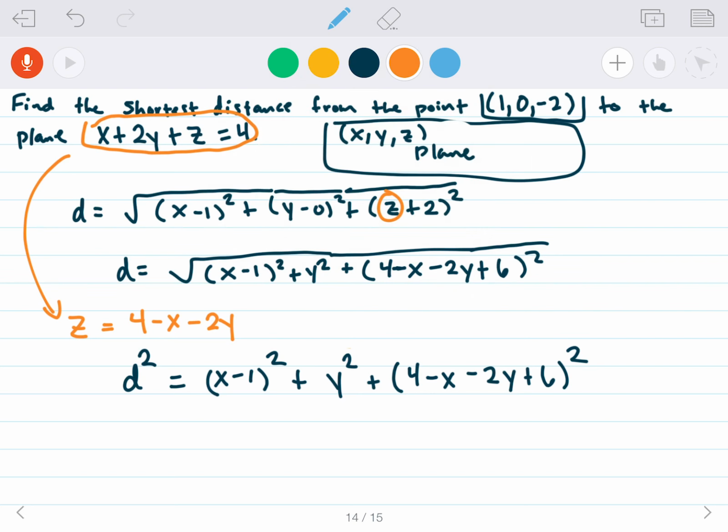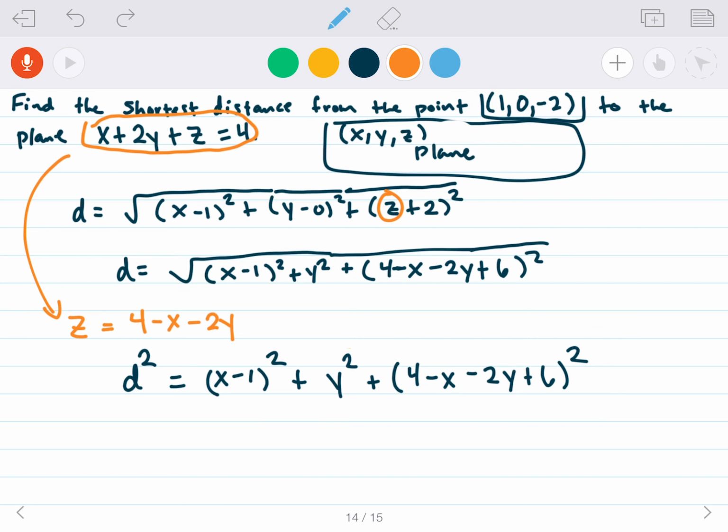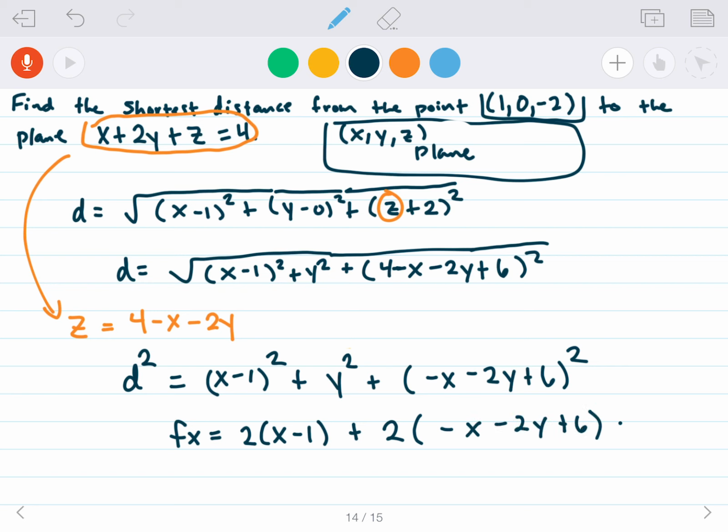Alright, so I'm going to go ahead and take the partial derivatives, because in order to minimize this, I need to find the critical points. If I take the partial with respect to x, that's going to give me 2 times (x - 1), plus, using the chain rule, 2 times (-x - 2y + 6) times the derivative of the inside, which is -1, so that becomes -2 on the outside.